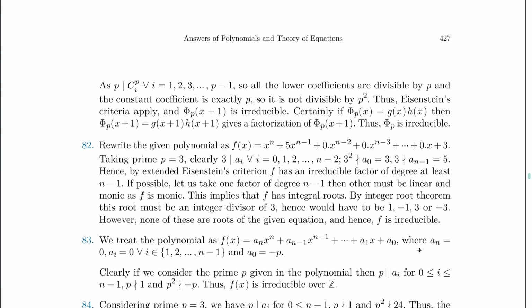So this should be ai is 0, where i is from 1 to n minus 1, and a0 is equal to minus p. Now if you consider the prime given in the polynomial, then p divides ai, p does not divide 1, and p square does not divide minus p, and hence f of x is irreducible over z.